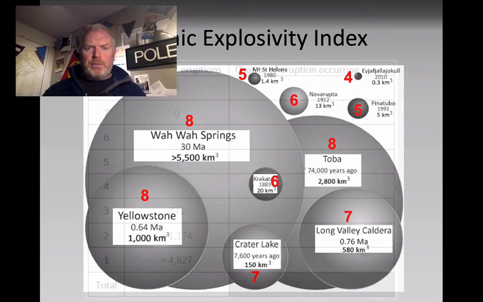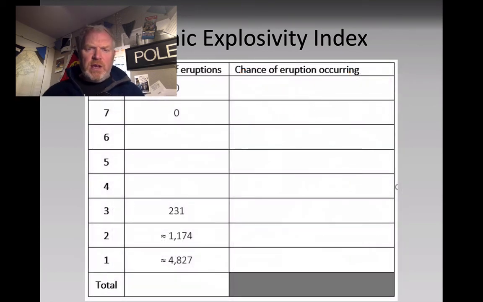So, if we look at the chances of these occurring, if we count up the eruptions from the 20th century, we should get figures that look like this. There were 52 VEI 4 eruptions, 9 VEI 5 eruptions, and 3 VEI 6 eruptions through the 20th century. Gives us a total of nearly 6,300 eruptions in total, but most of those are VEI 1.